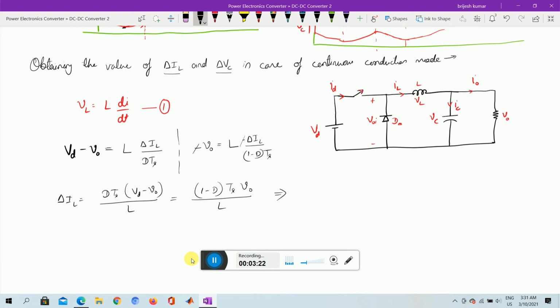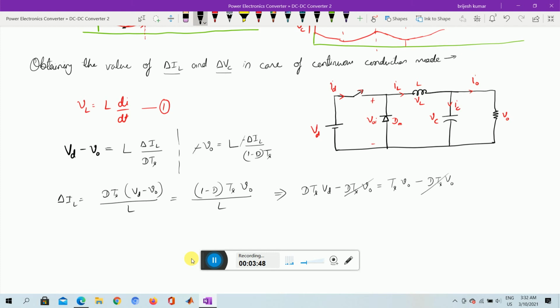Let us equalize this. dTs Vd minus dTs V0 is equal to Ts V0 minus dTs V0. From this expression we can find that these two cancel out.